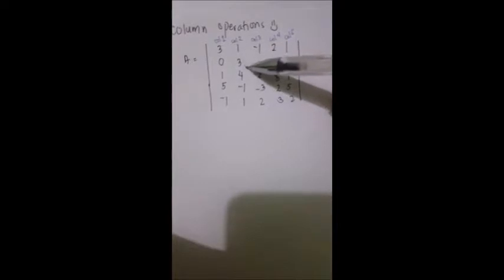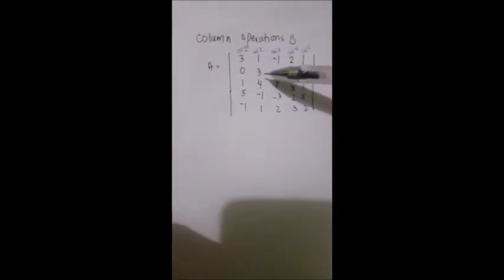Okay, so, meron na tayong 0 dyan. So, the first thing that we will manipulate is yung column 2. And given tayo is 3. And yung 1, yung magiging basis natin.